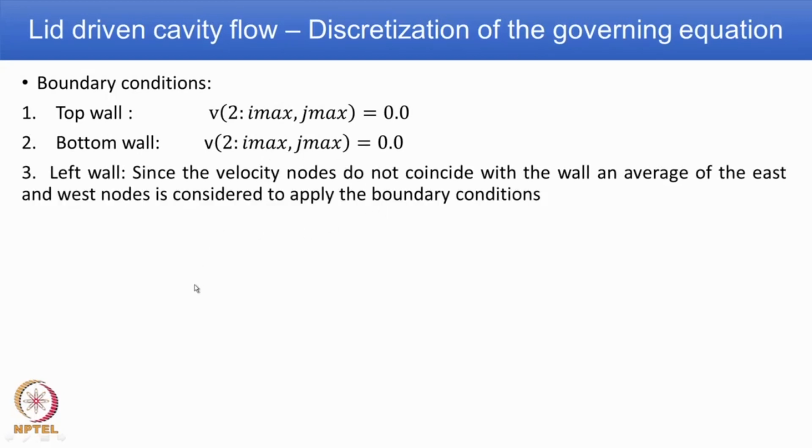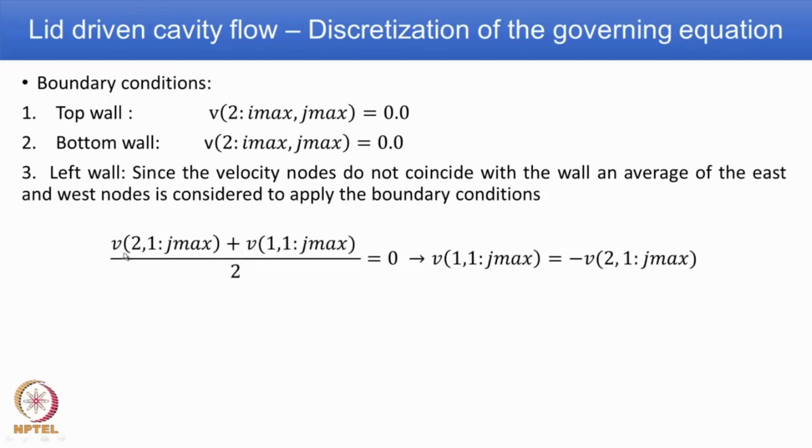For the left side wall, since the velocity nodes do not coincide with the wall, an average of the east and west node is considered to apply the boundary condition. So, V(2, 1 to j max) plus V(1, 1 to j max), divided by 2, equals 0, and if you rearrange you get the expression as shown here.